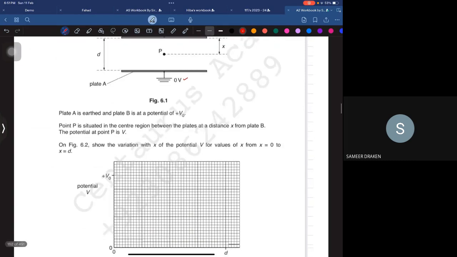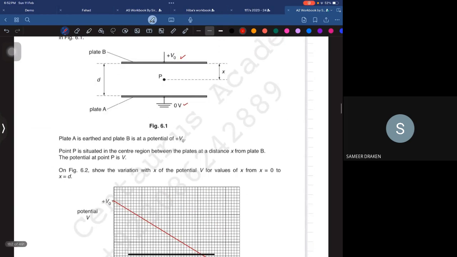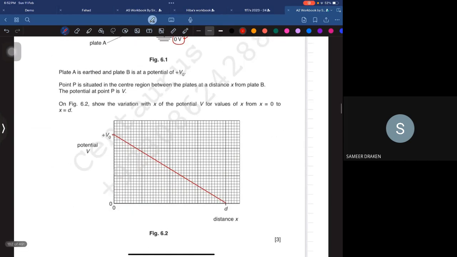Now show the variation. The moment you see this, all you need to do is draw the same kind of diagram, but this is a clever one because they haven't given you the negative side of the potential, because it basically ends at zero. So this d has to be this d because the other plate was zero. So it will be a straight line.